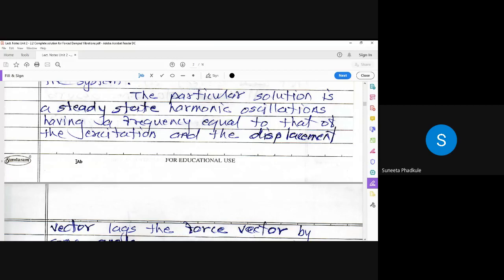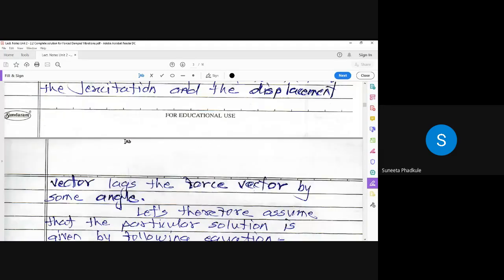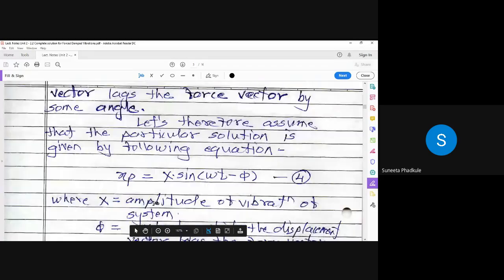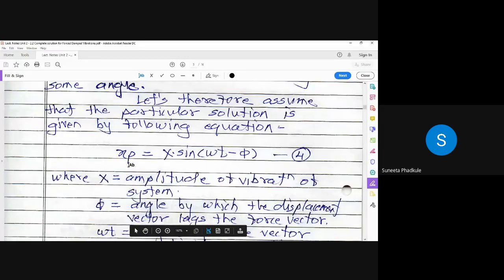This particular solution, a steady state harmonic oscillation, is vibrating with frequency omega, the frequency of excitation, and the displacement vector lags the force vector by some angle, which we are calling phi.